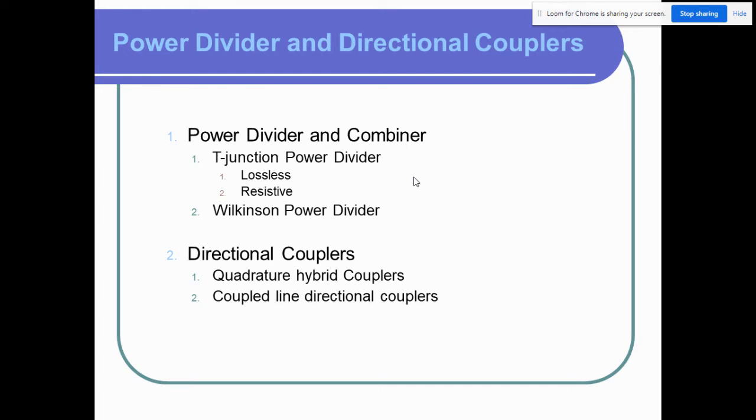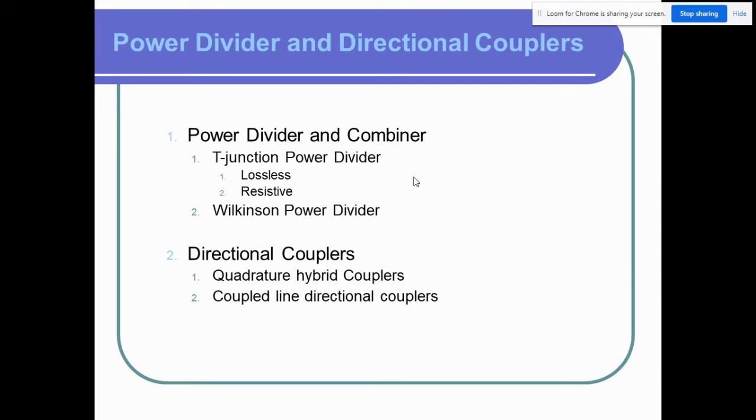T-junction power divider has two different branches of design, one is called lossless and another called resistive. Wilkinson power divider itself has some different subcategories, but usually we don't categorize it with different designs, because Wilkinson power divider can be from 3-port to multi-port.